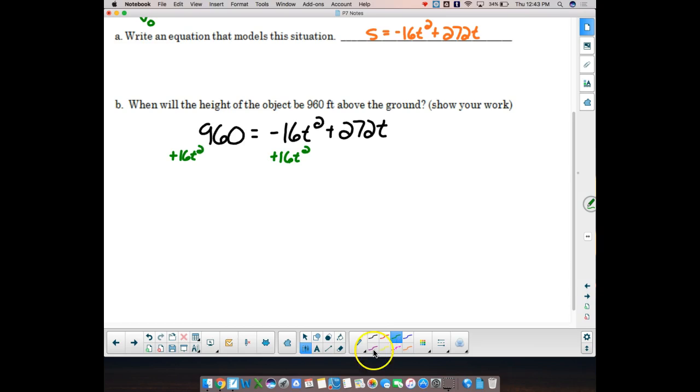At the same time, I am going to subtract 272t from both sides. The reason that I am doing that, my justification, is I want a positive squared term.